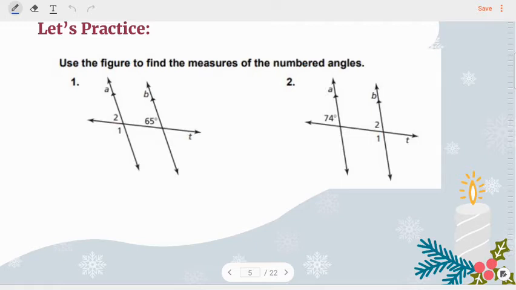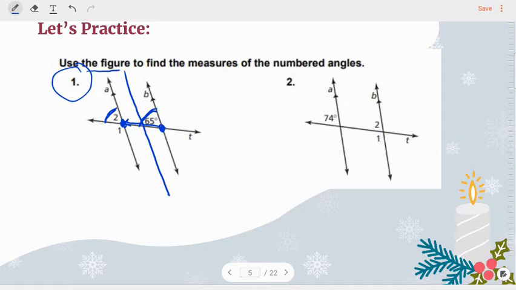So if I look at example number 1, I see 2 intersections, intersection 1 and intersection 2, and I cut that in half. Notice that when I pick it up and slide it over here, this angle right here matches this angle right here.